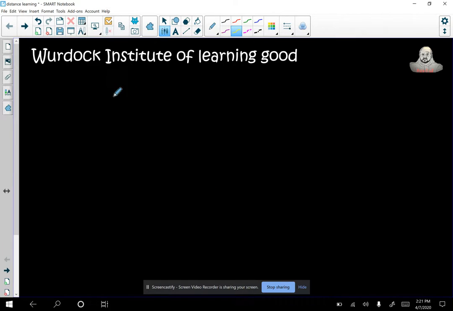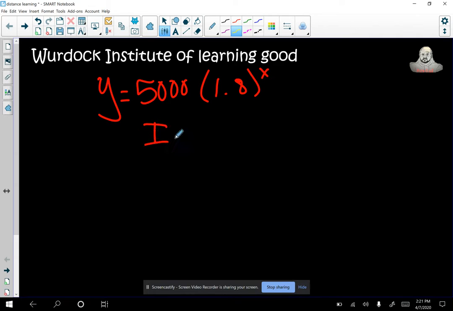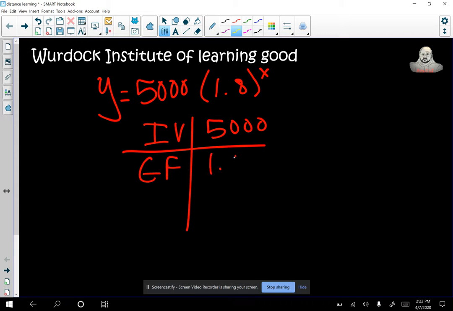So here's where it gets a little confusing. In this example, we'll just start with 5,000. And now we're going to pick a number like 1.8. Initial value is 5,000. Easy. Growth factor, that's what you're multiplying by, 1.8.